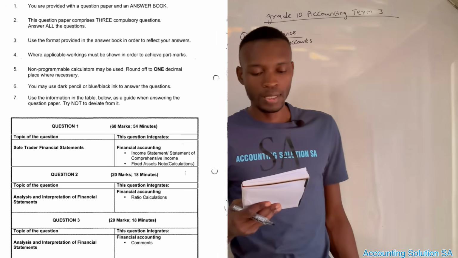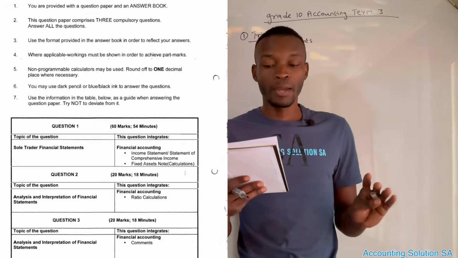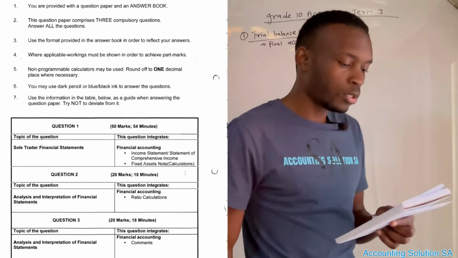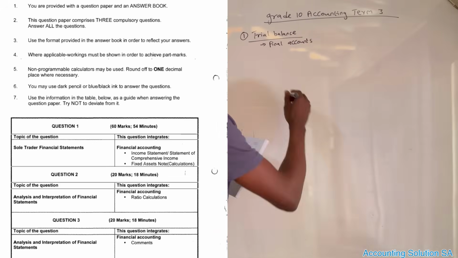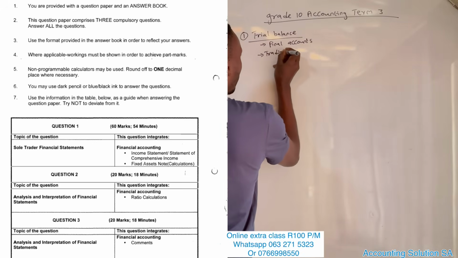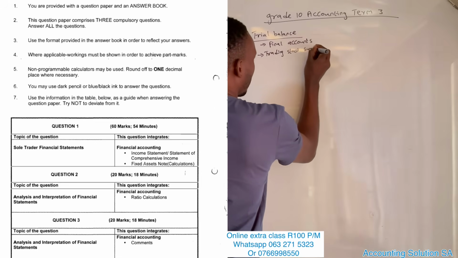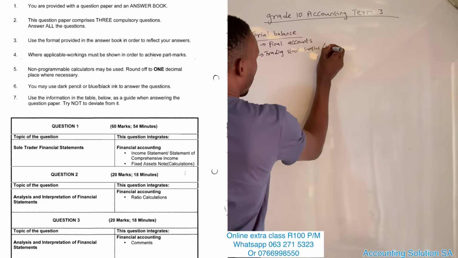Okay, so in this chapter, guys, you are expected to know the following. Number 1, you must be able to know how to calculate a trading stock surplus or deficit.